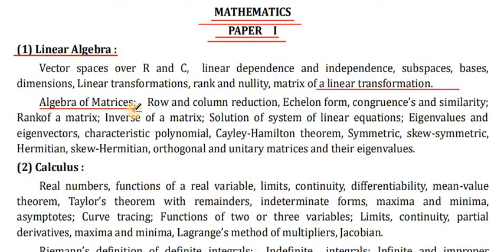Algebra of matrices, row and column reductions, echelon form, congruence and similarity, rank of matrix, inverse of matrix, solution of a system of linear equations, eigenvalues and eigenvectors, characteristic polynomial, Cayley-Hamilton theorem, symmetric, skew-symmetric, Hermitian, skew-Hermitian, orthogonal and unitary matrices and their eigenvalues.